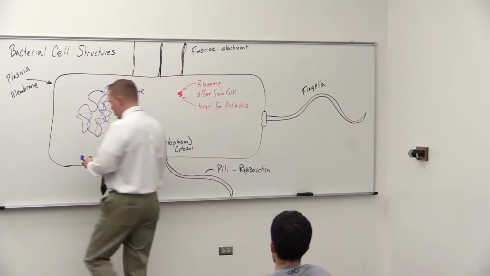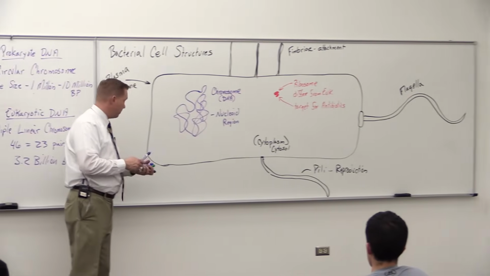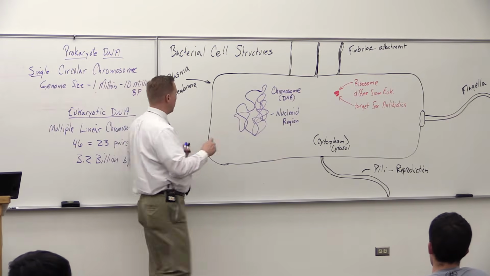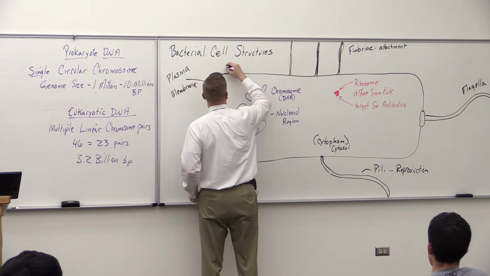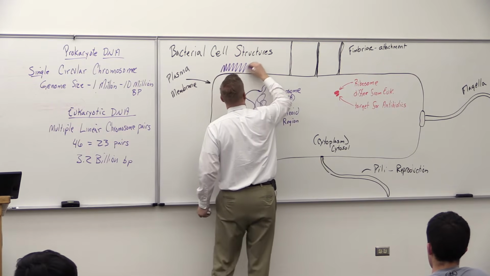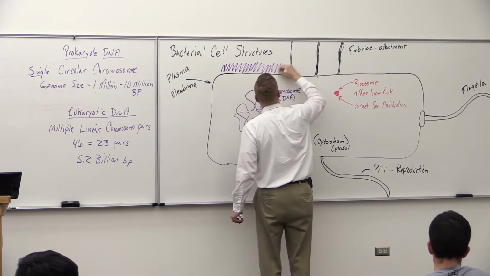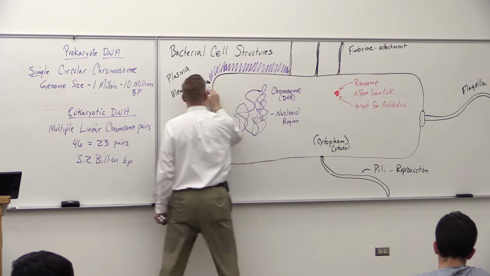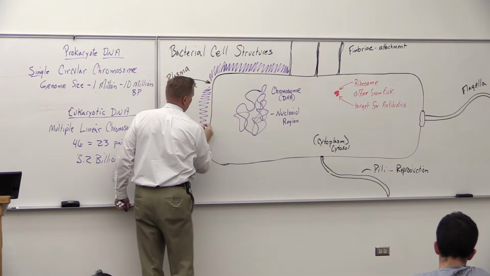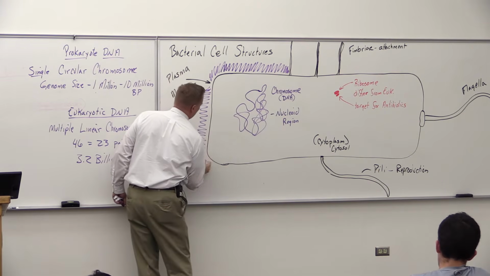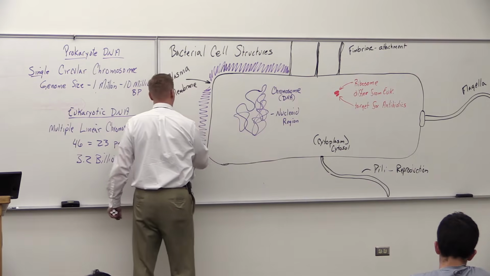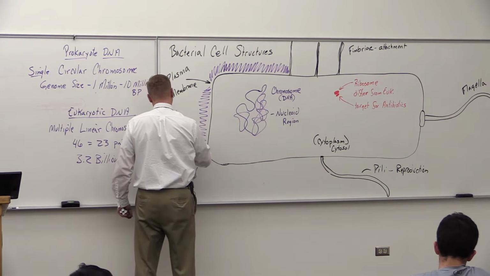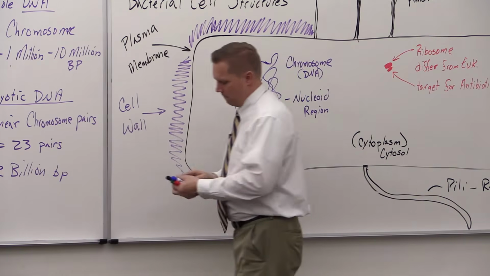Now, a couple things that we're missing is, we'll draw a structure right here. And this structure that I'm illustrating in purple, we are going to label as the cell wall that we've already talked about.